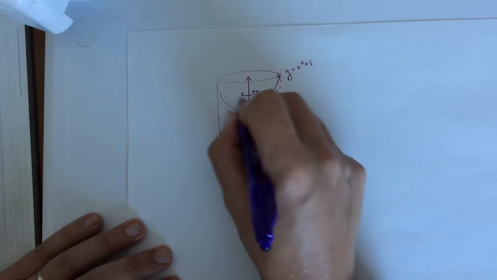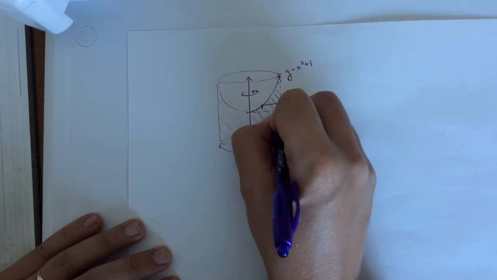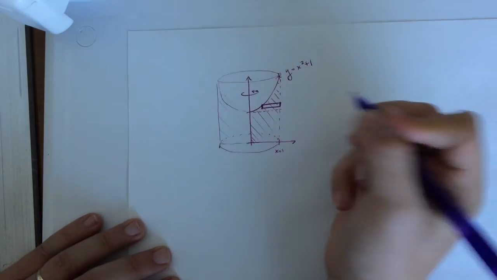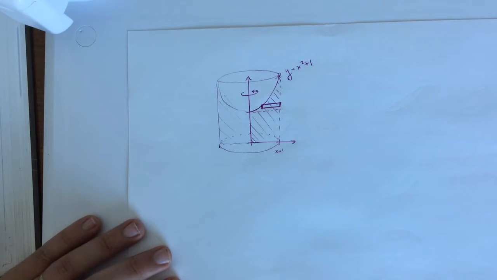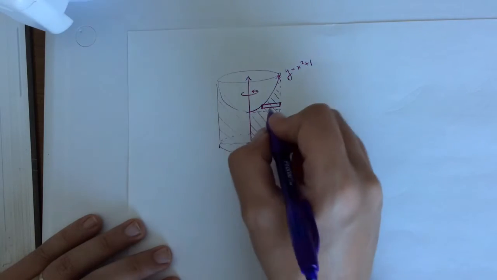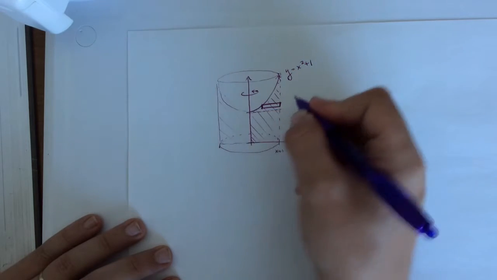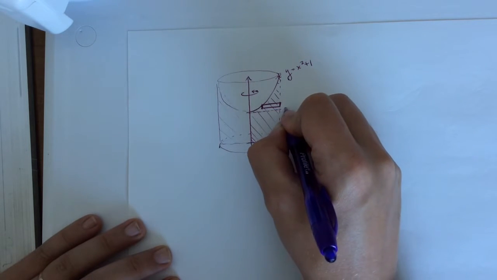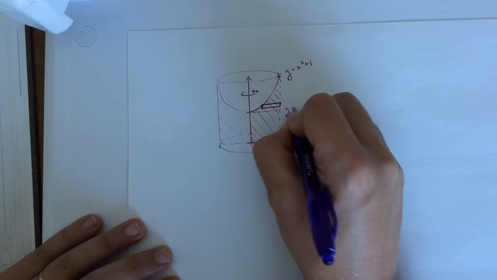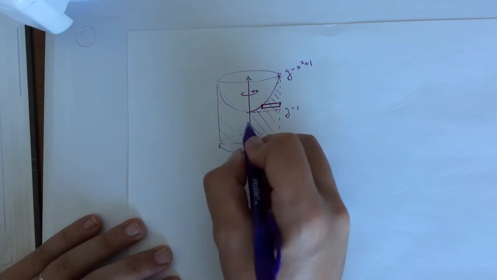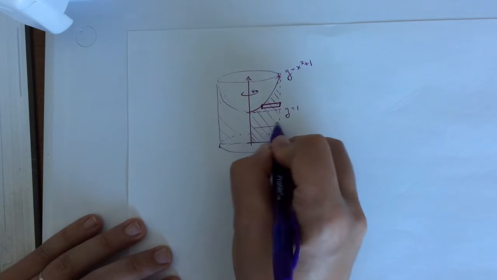So in order to revolve around the y-axis, we need to take washers that have a horizontal shape. Okay, we're going to have washers above this line, which is y equals 1, and then we'll have disks below that.